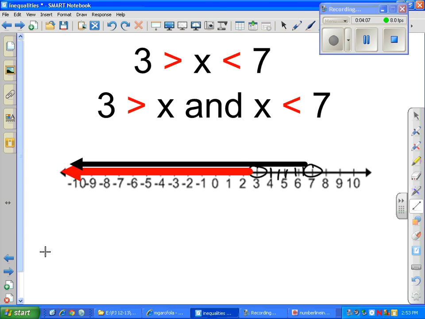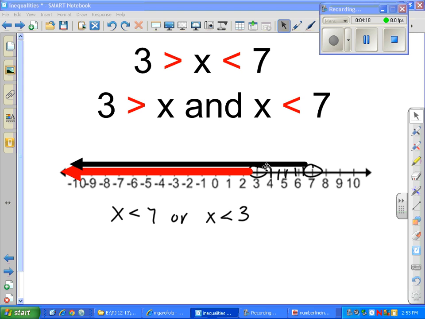For the last two problems, we could write them as the union of two sets. In other words, we could say, well, x is less than 7 or x is less than 3. And in that case, that would cover everything, because anything in this black would be covered up. And really, we would just say then x is less than 7, because the black kind of covers up everything that's in the red anyway.